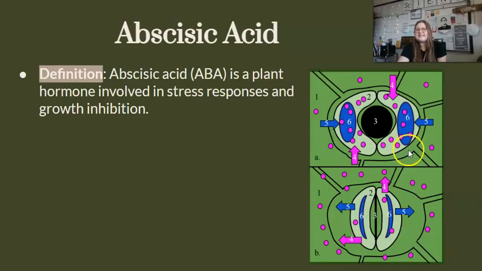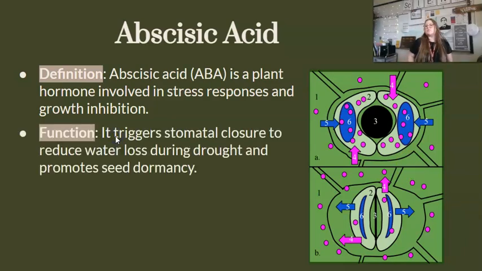All right, abscisic acid, also just written as ABA, is a plant hormone involved in stress responses and growth inhibition. It triggers stomatal closure to reduce water loss during drought and promote seed dormancy. One thing that we didn't cover in depth when we talked about plant anatomy is these stomatal closures.